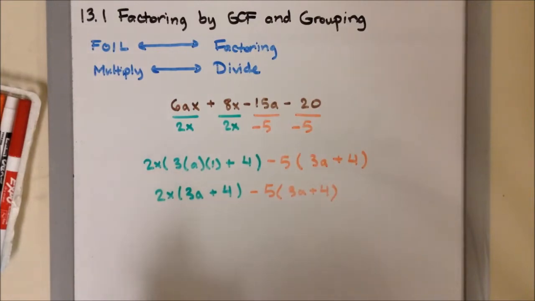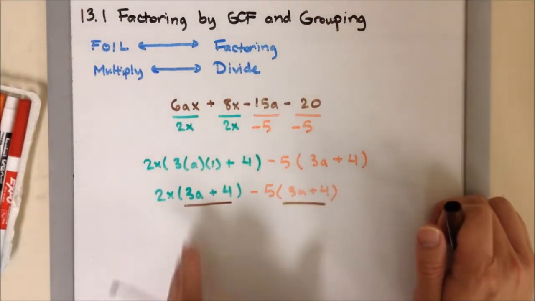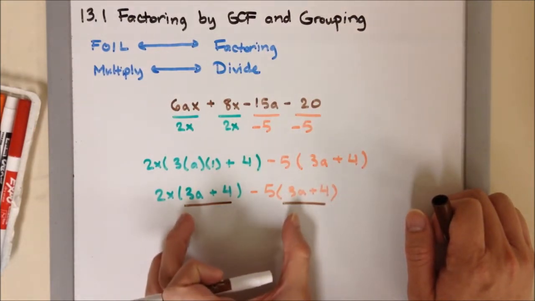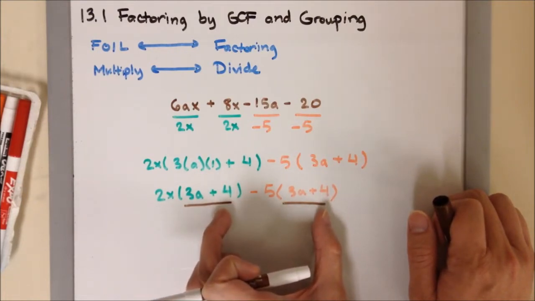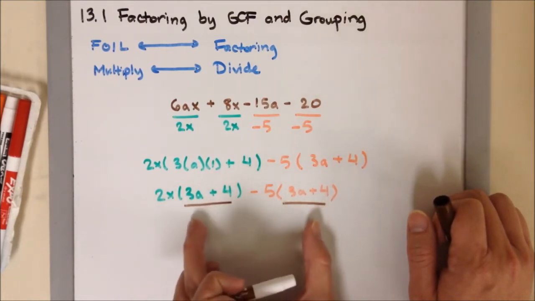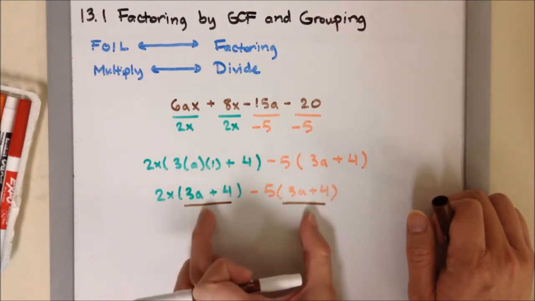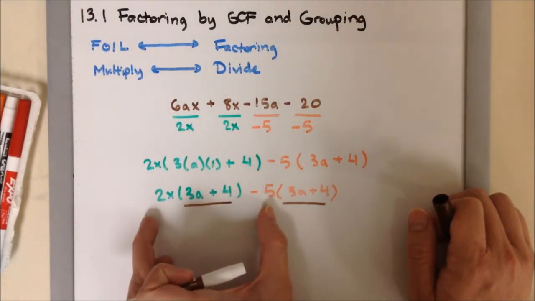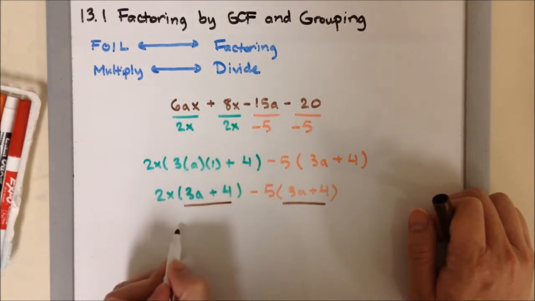Alright, notice how the inside of the parentheses that I just underlined are the same. They're exactly the same, both positive 3a, 3a, and over here, both positive plus 4, plus 4. So if the insides of the parentheses are exactly the same, same number, same variable, same sign, then we're going to group the outside GCFs, the 2x and minus 5, together in one parenthesis.